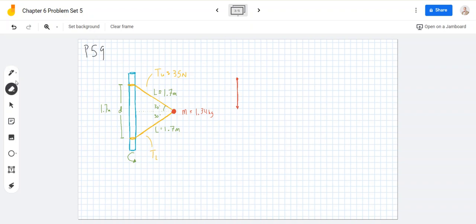Oh, that's a little too long. The reason I know it's too long is because if it's a 1.34 kilogram ball, and this is the mg here, it's only going to be 13. And this one's got to be 35. So when I draw this force, this pulls on the ball this way.